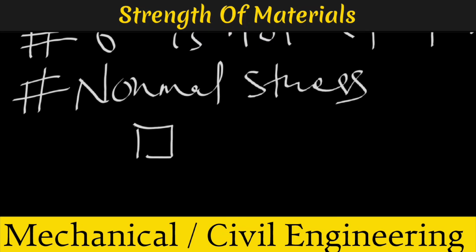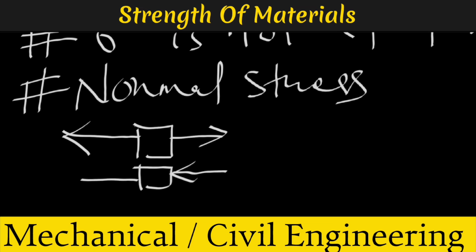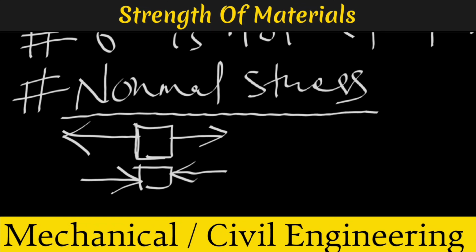Here a body is there. You can apply a tensile force or you can apply a compression stress that are perpendicular to the cross sectional area. Okay, so this normal stress is directly related to the bending stress.